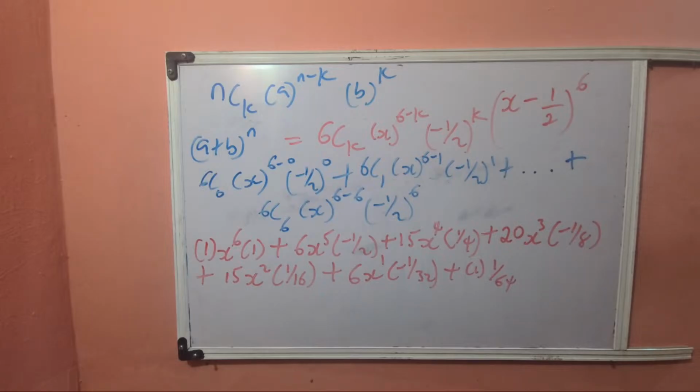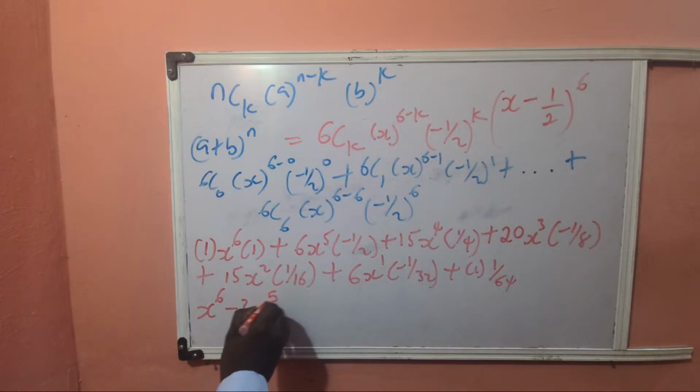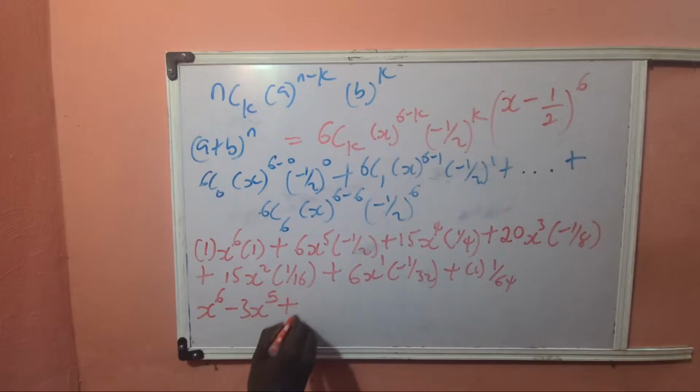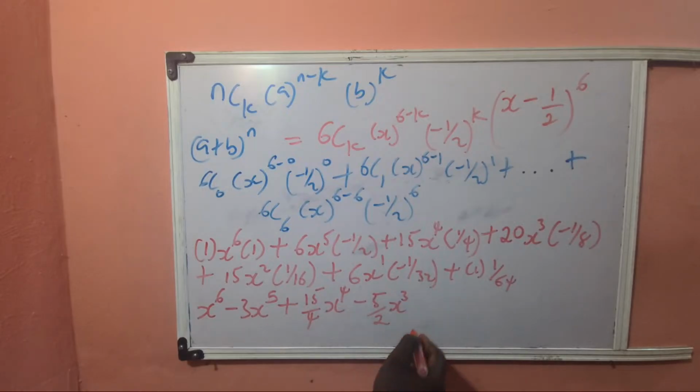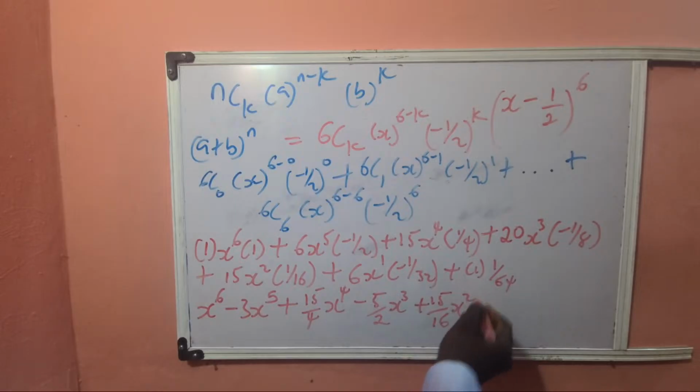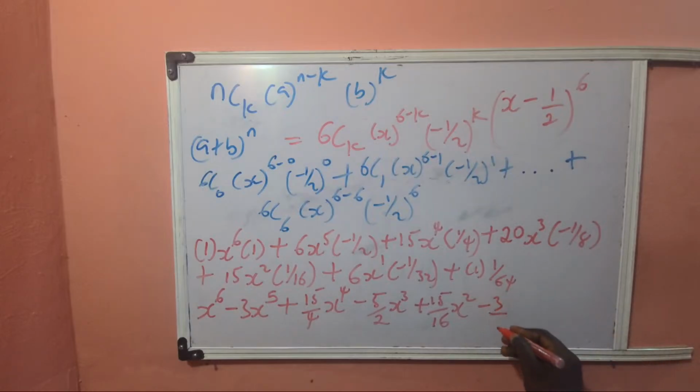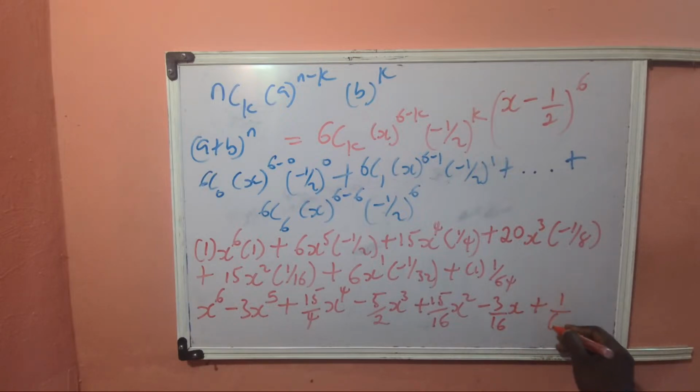Now your final term will be x raised to the power 6 minus 3x raised to the power 5 plus 15 over 4 x raised to the power of 4 minus 5 over 2 x raised to the power of 3 plus 15 over 16 x raised to the power of 2 minus 3 over 16 x plus 1 over 64.